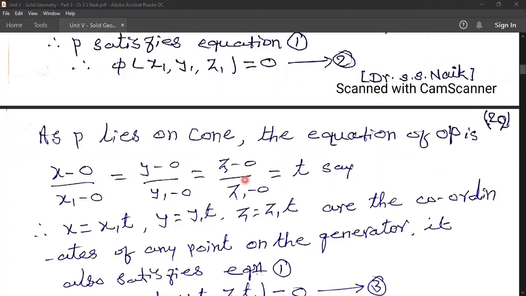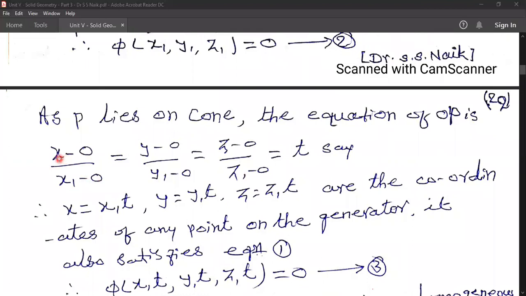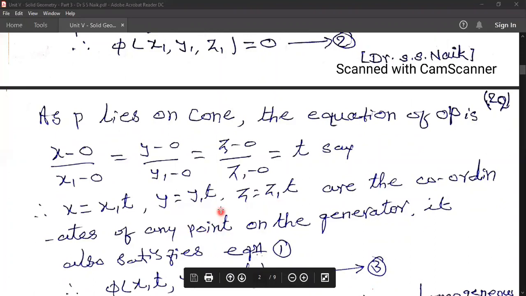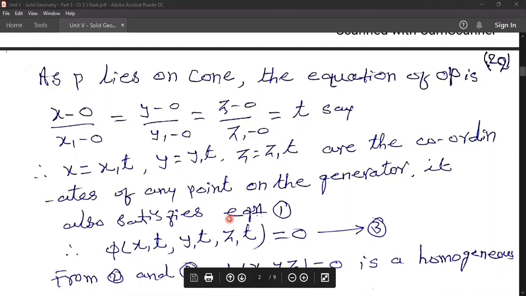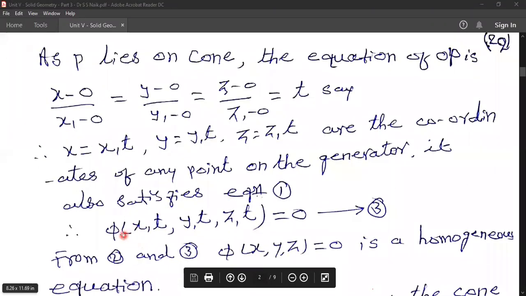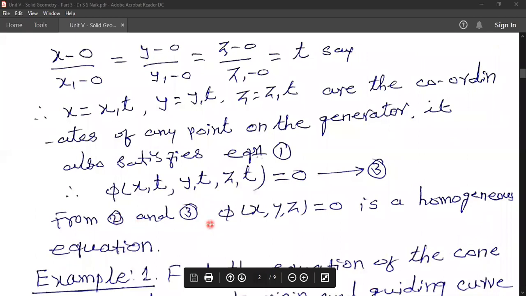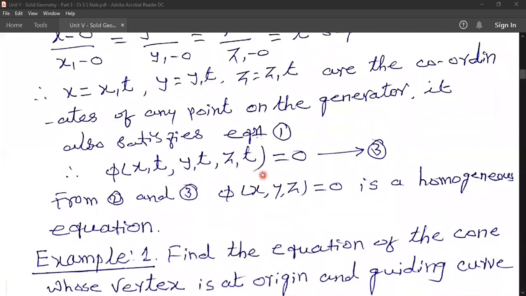These three are equal, so on simplifying, x equals x1t, y equals y1t, z equals z1t are the coordinates of any point on the generator. It also satisfies equation 1, so phi of x1t, y1t, z1t equals 0. Therefore, from equations 2 and 3, phi of x, y, z equals 0 is a homogeneous equation in x, y, z.